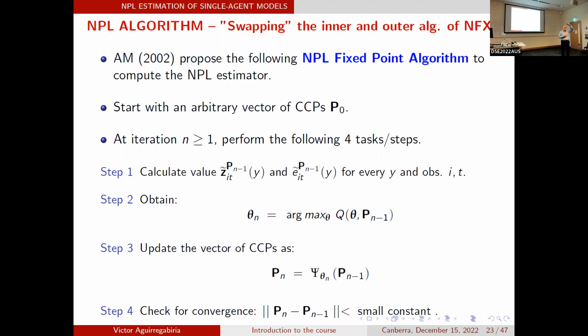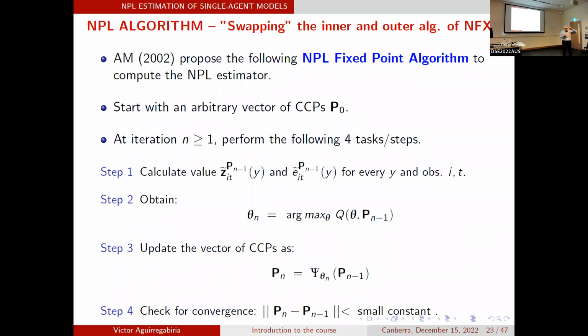We have the BHHH iterations. These are cheap. Once we have solved the dynamic programming problem, these iterations are very cheap. In the inner algorithm, we have the solution of the dynamic programming problem. This is computationally costly.